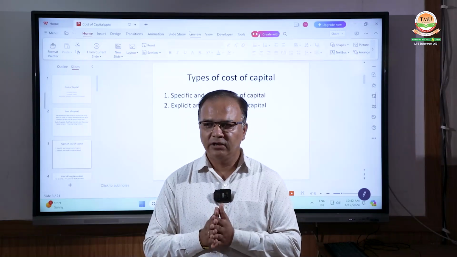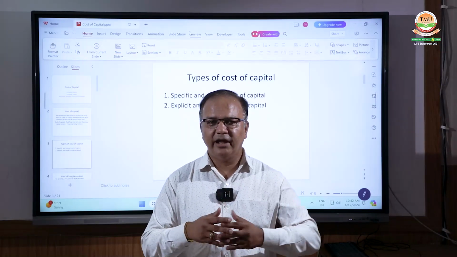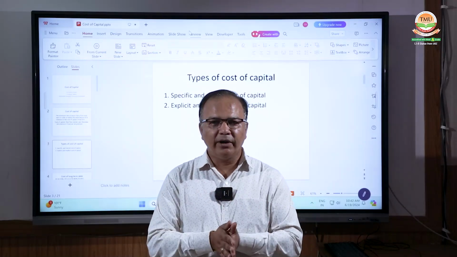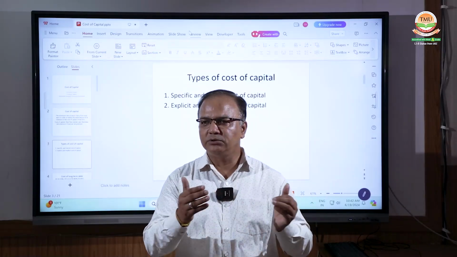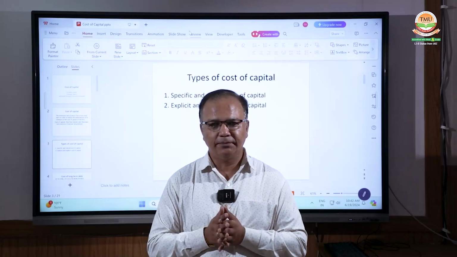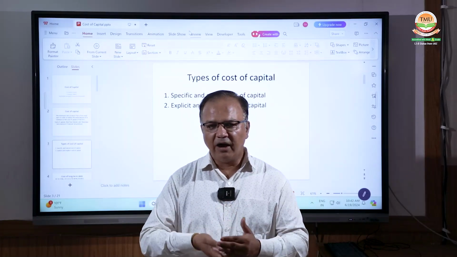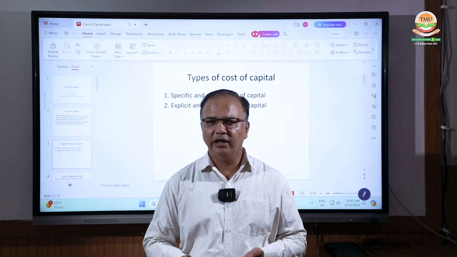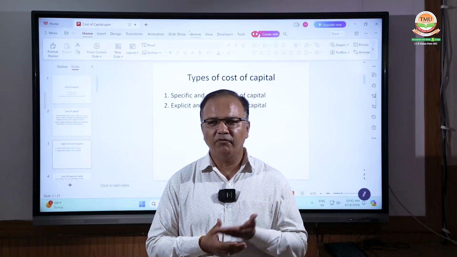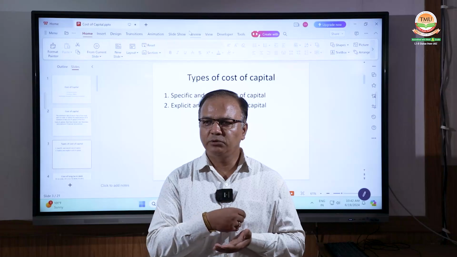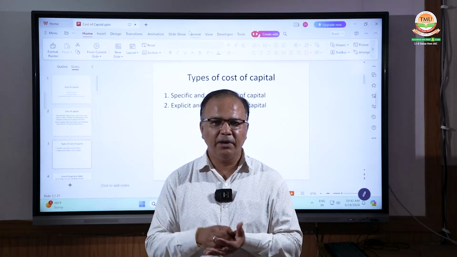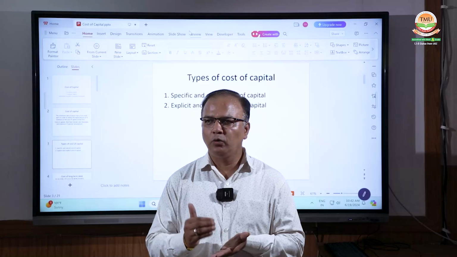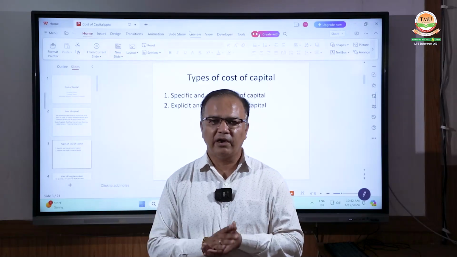Now in the first year, I decided that around 40 lakh rupees will be kept with the organization and rupees 10 lakh will be distributed to the shareholders of the organization. Now, suppose these policies continue, again in the second year I am getting a profit of 50 lakh and I am distributing 10 lakh and keeping 40 lakh with the organization. Suppose this policy continues in the next 5 years.